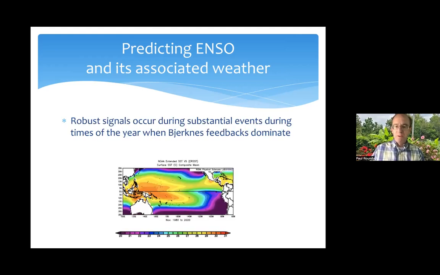What do we mean by a robust signal? Well, ENSO is easiest to predict when what we call the Bjerknes feedbacks dominate.